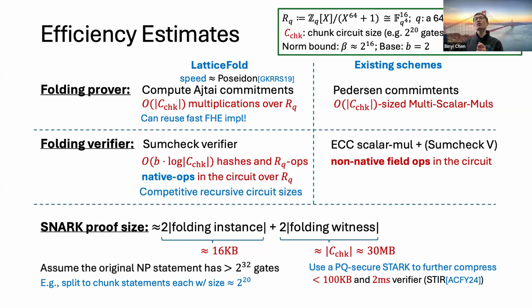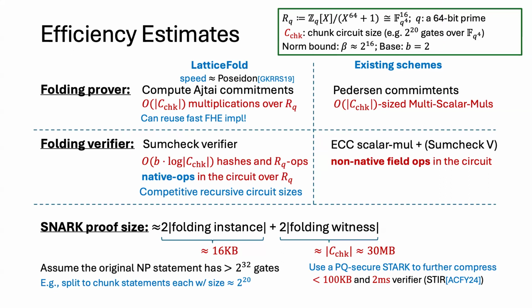For example, suppose initially the large witness is 1,000, and you split it into 1,000 chunks, then the chunk statement's witness is just one. That's a toy example. So it won't be too large, but if initially it is very large, then finally the witness size will not be too small. So you have to use this extra trick to generate an even smaller proof. But that doesn't add too much overhead, because the statement size you want to prove is already very small compared to the initial statement you want to prove.